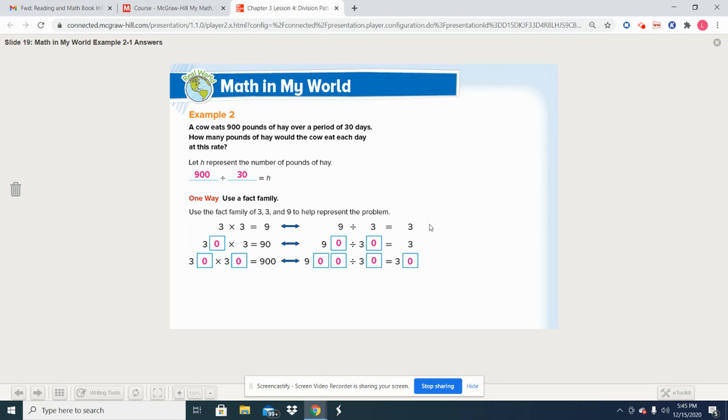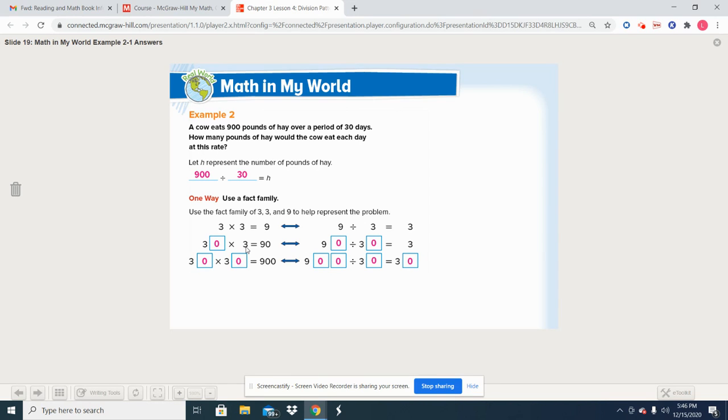So 30 times 3 is the same as 90 divided by 30. Remember, you take the greatest number, the product of a multiplication problem, and you start with that for a division problem. So 90 divided by 30 equals 3.